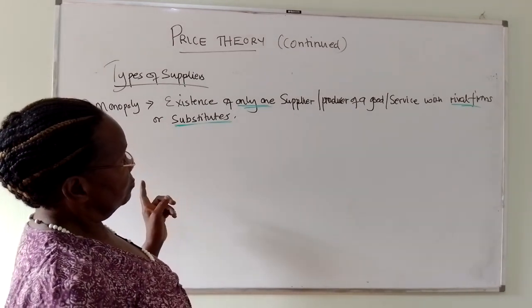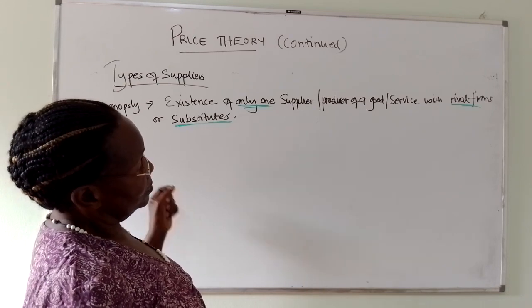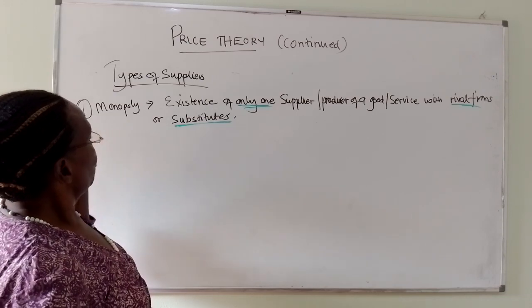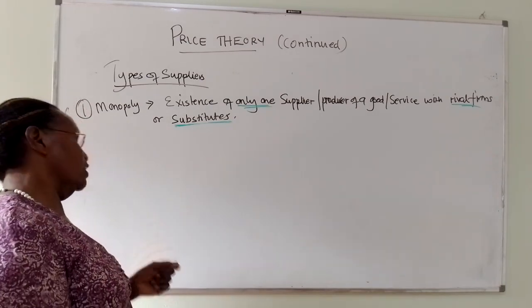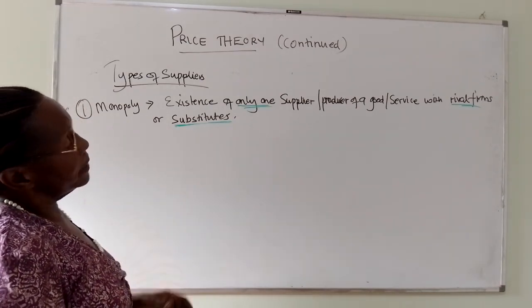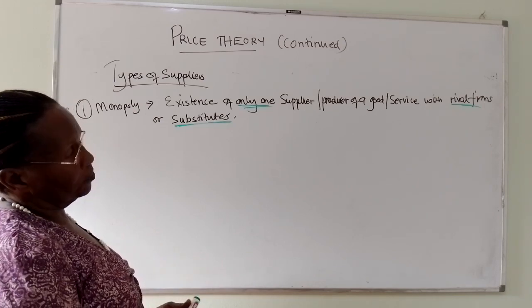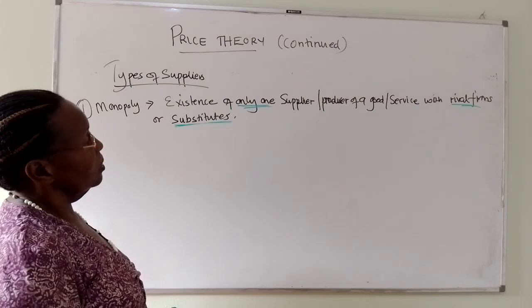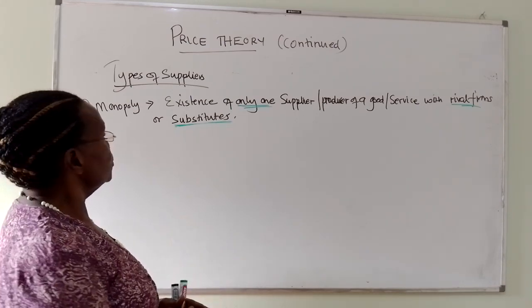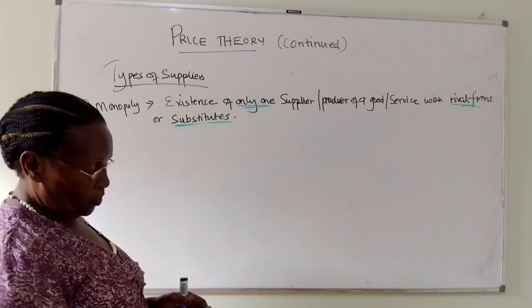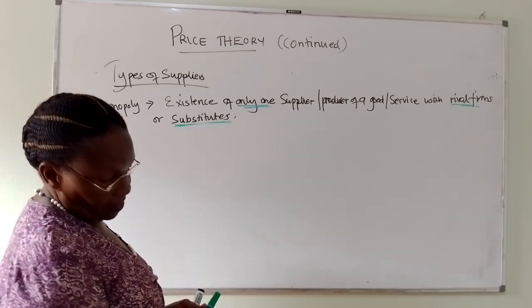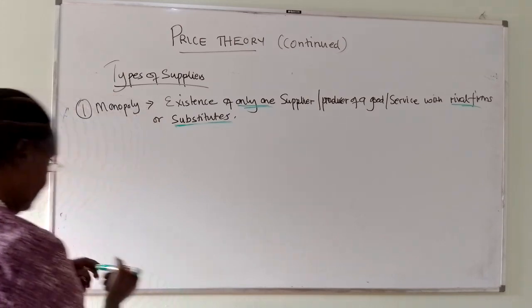Usually, as you have noted, when we are looking at economic systems, monopoly operations exist in free enterprise economies, where there is the freedom of everybody to engage in production, and the strong ones are the ones who survive. So monopolies usually are the strong ones and outcompete the others, and they remain in the production process.